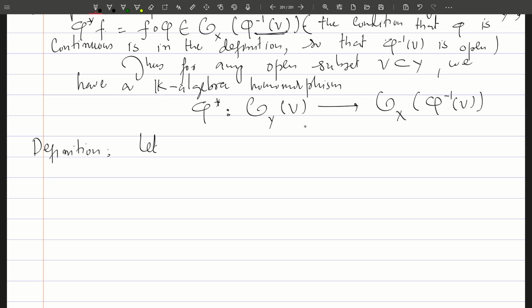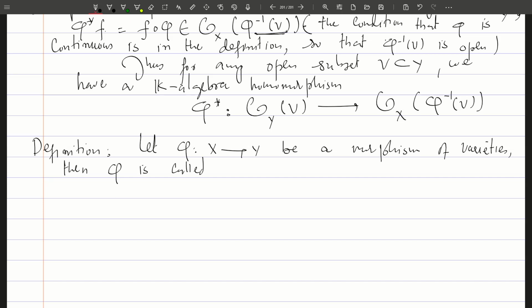So let phi from x to y be a morphism of varieties, then this phi is called an isomorphism of varieties if phi is bijective as well as phi inverse is also a morphism.